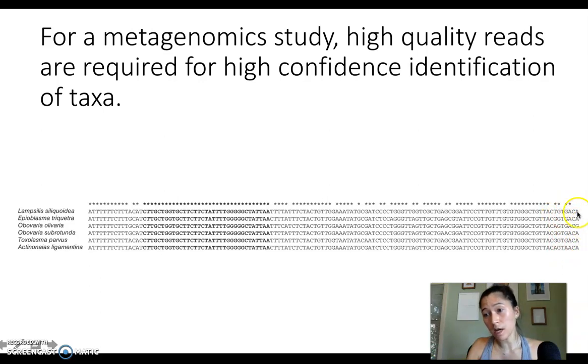At this last nucleotide spot, for instance, this particular species has a G, the other ones don't. If we were using low quality sequence reads to identify these different species, a base pair mistake at the end of these reads could result in us misassigning and saying that it's the incorrect taxa, which is what we don't want. So we need to trim off those low quality reads so we're confident that the species we're identifying in our metagenomic samples are actually correct.